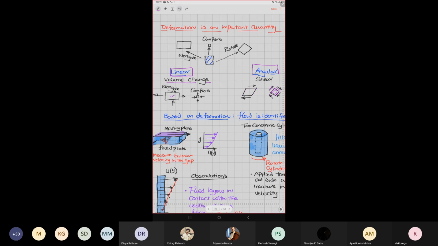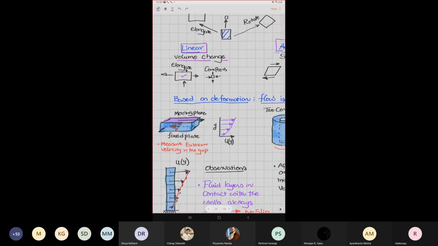And why we are talking about all these things is that in the 16th, 17th centuries, people tried to understand what viscosity means. For that purpose, they took something like two parallel plates.